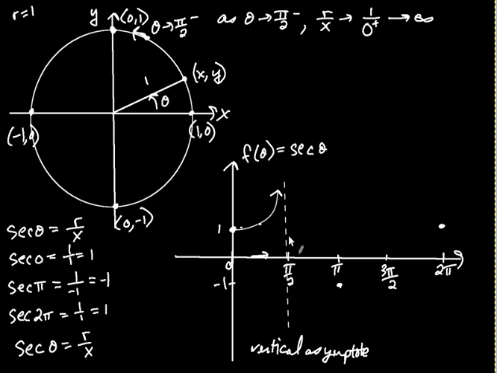Now let's do the opposite. Let's approach pi over 2 again, but now from the right. Okay? Now remember what that means. That means you're letting the angle get closer to pi over 2, but from values of the angle that are larger than pi over 2. So let's connect that with this graph over here. Well, pi over 2 is right here.